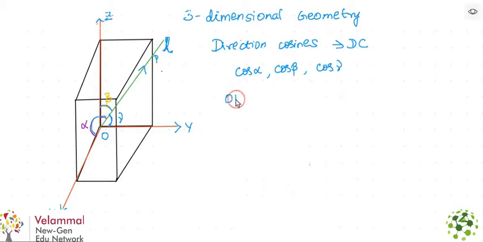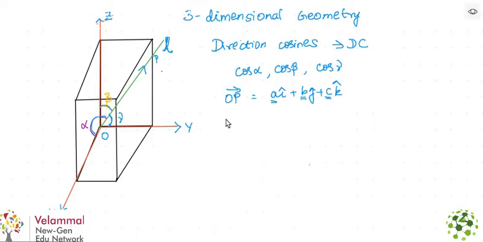Suppose the vector OP is given by Ai plus Bj plus Ck. As I mentioned to you in vector class itself, A, B, C represents the direction. A represents how much you travel along the x-axis, B represents how much you travel along the y-axis, and C represents how much you travel along the z-axis, which means it actually gives you the direction.